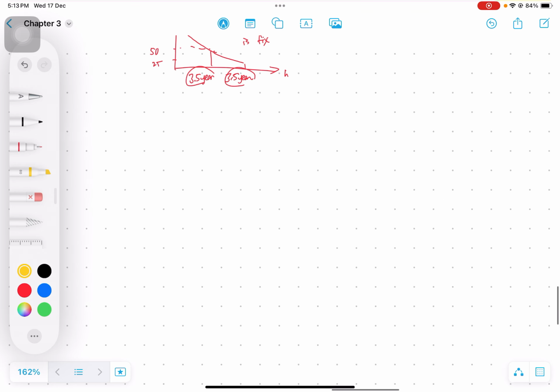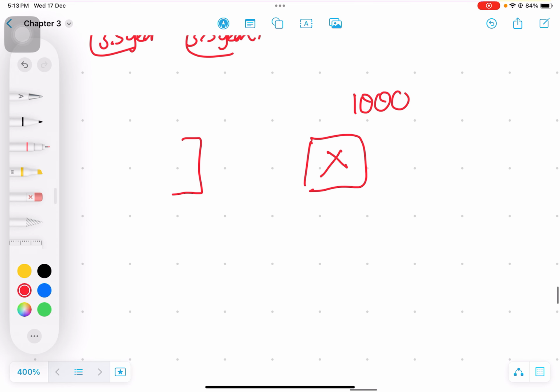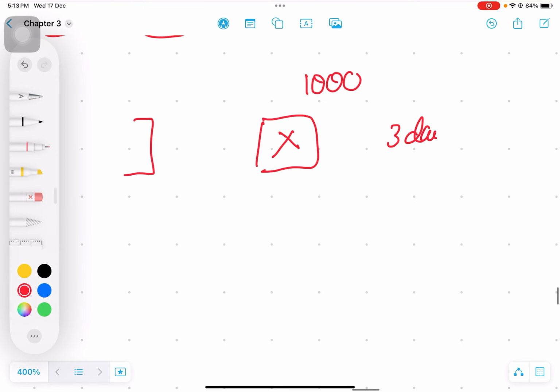For example, here is a question so you can understand. When we try to detect an element, for example element X, the activity is 1000 and the half-life is maybe 3 days.